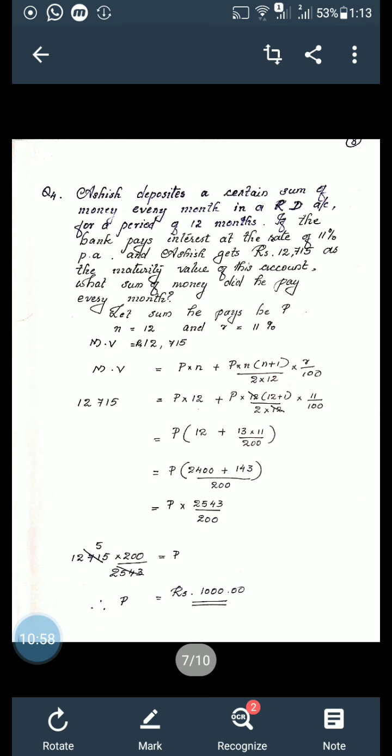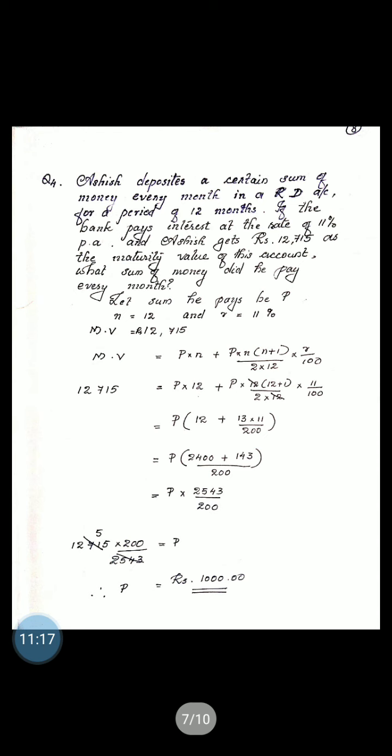Now we know the formula. Maturity value is equal to P into N plus P into N into N plus 1 by 2 into 12 into R by 100. Now substitute the given things. Instead of maturity value we can substitute 12,715, which is equal to P, and P is to be found out, therefore let it be P itself.